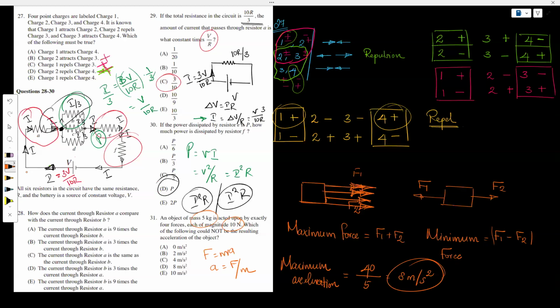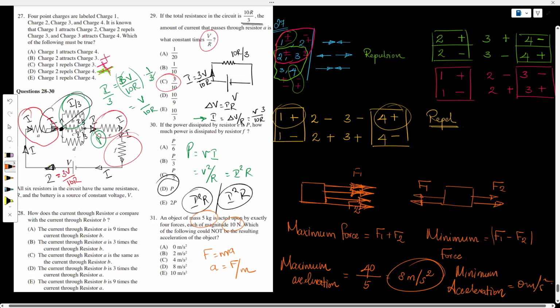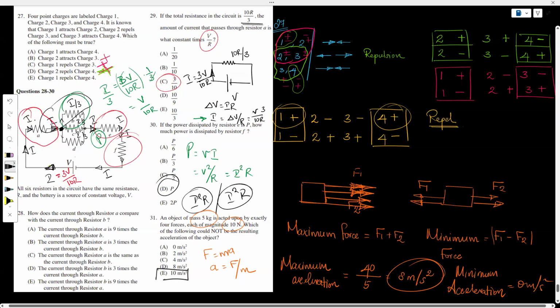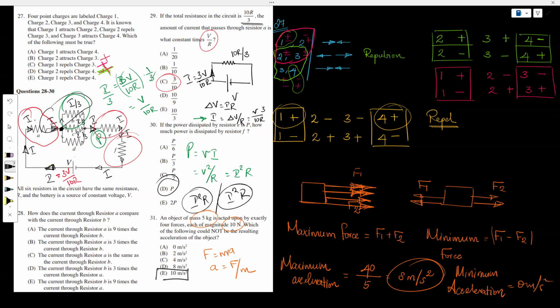Minimum acceleration is 0, because if I could apply 2 forces in one direction and the other 2 in the opposite, that is going to result in 0. It is not necessary to come to the answer, but the minimum acceleration is 0 meters per second squared. So this is the range of values we can have. Can we get 10 then? We can't get 10, so 10 is the answer for that. Okay. Any questions up until this point?